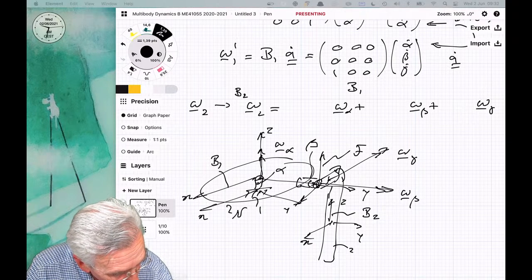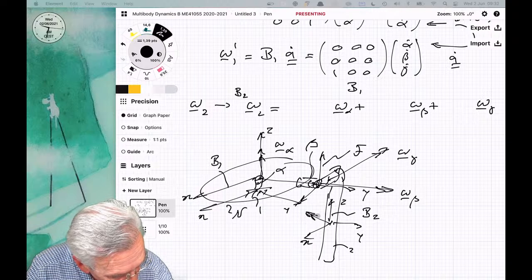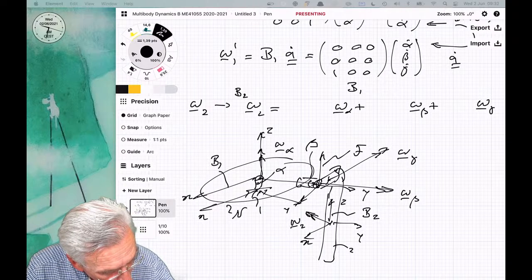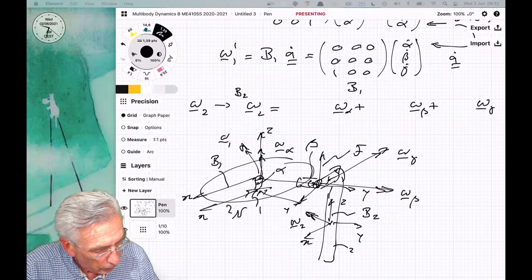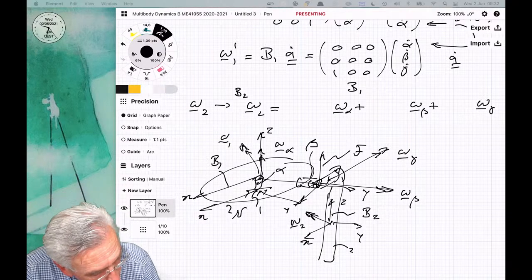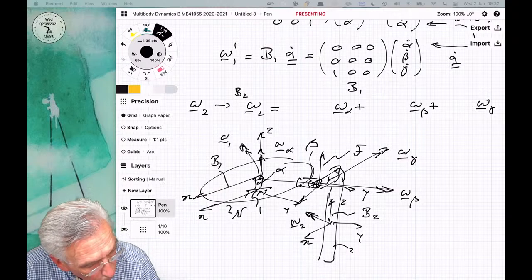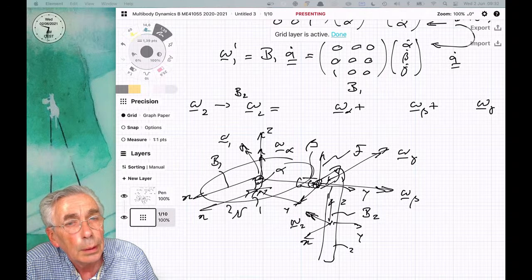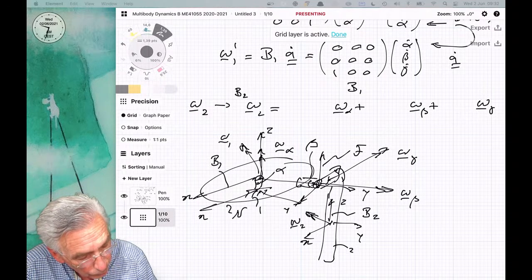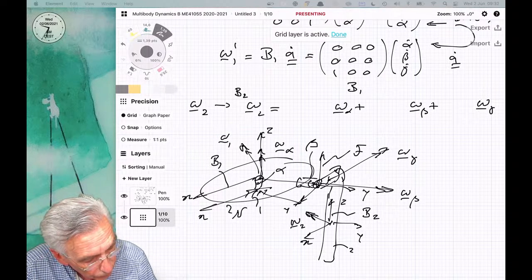I don't know if it's helpful. You can draw an arrow here, omega 2. You can draw an arrow here and say that's omega 1. I don't know if that helps, but anyway. We have to express them in these body fixed frames.